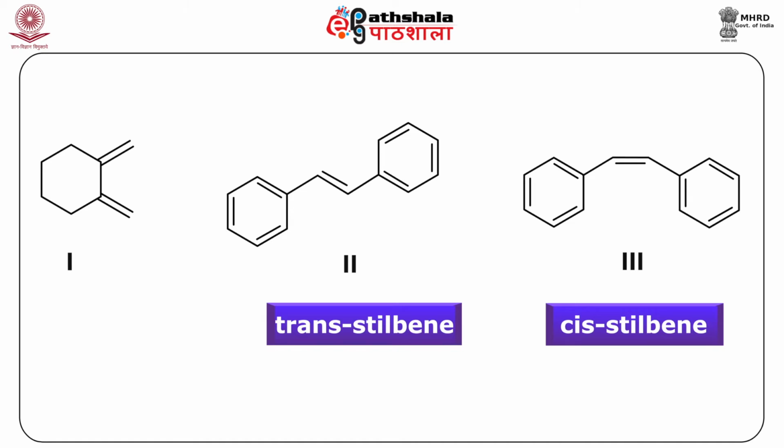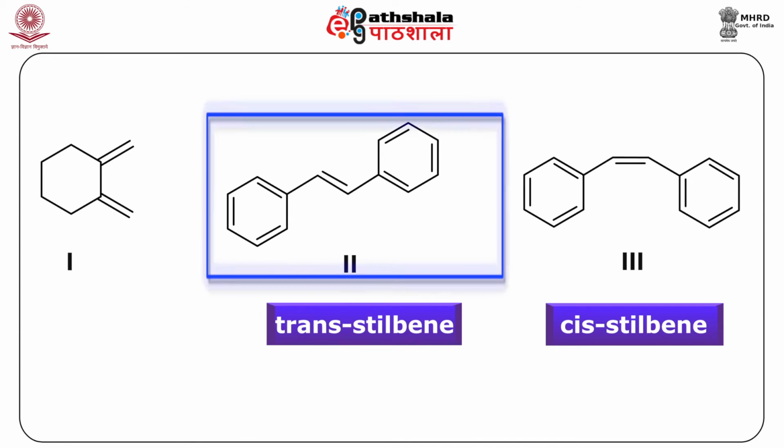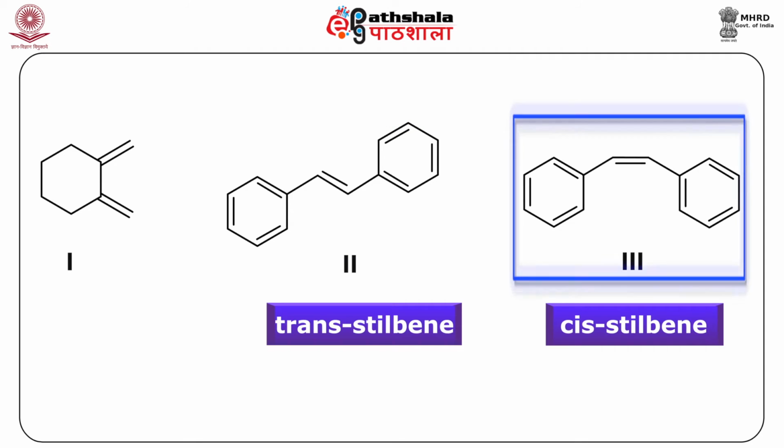Similar trends can also be observed in compounds where geometrical isomerism is possible. It is found that generally the trans isomers show lambda max at a longer wavelength and epsilon max, that is the molar absorptivity or molar extinction coefficient, is higher than for the cis or the mixed isomer.